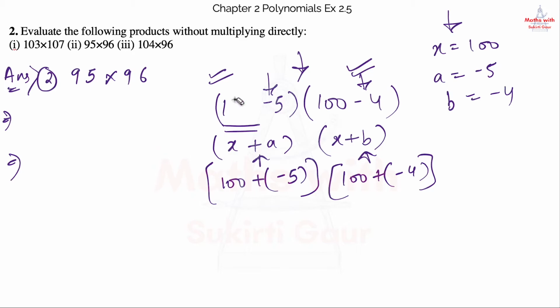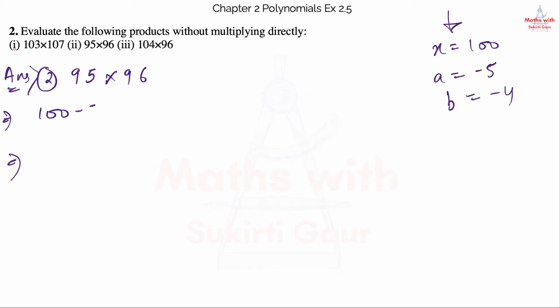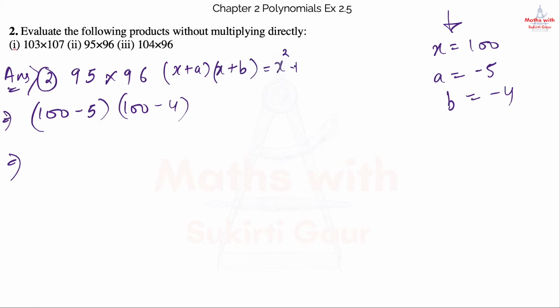100 minus 5, 100 minus 4. Formula for (x plus a) into (x plus b) is x square plus (a plus b) into x plus ab. Now applying this one: x square, x we have 100, and 100 square is the first term.